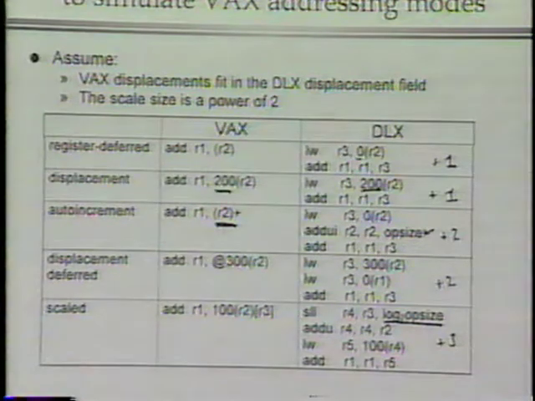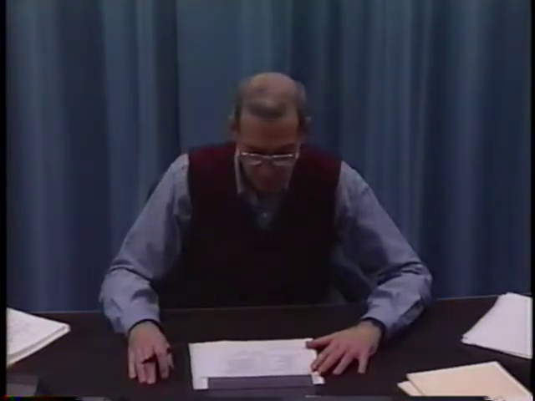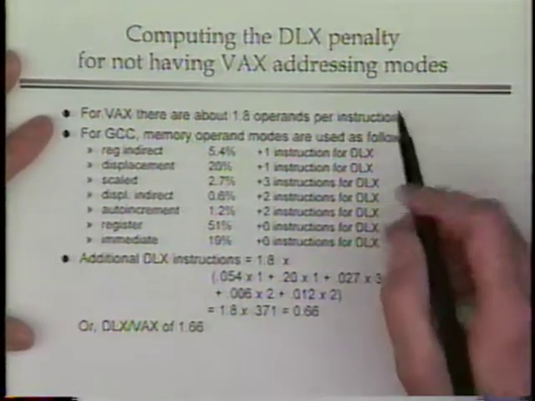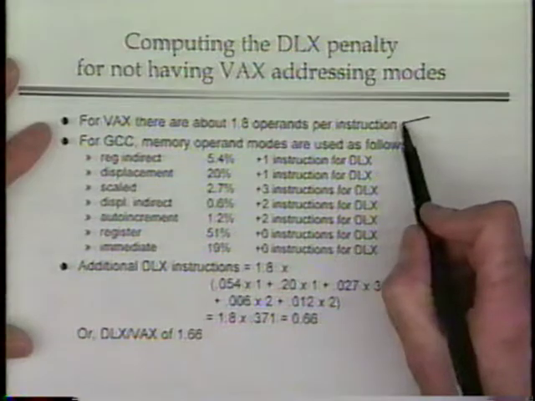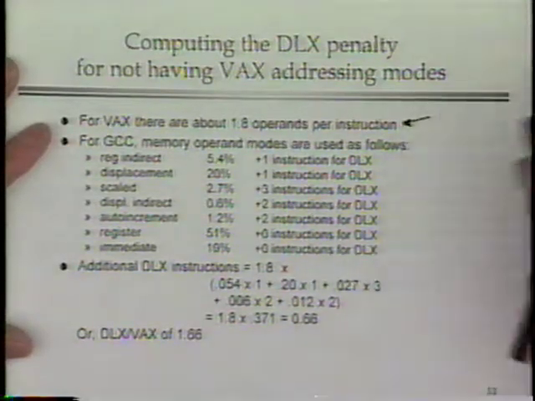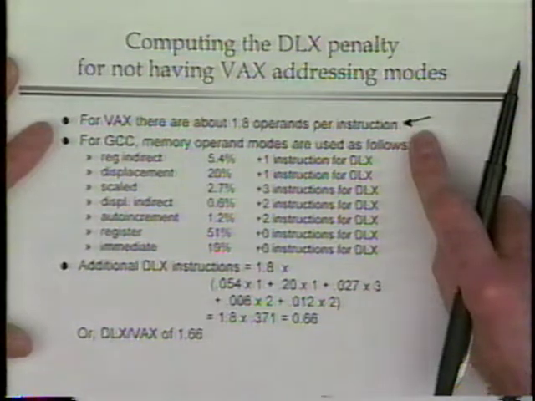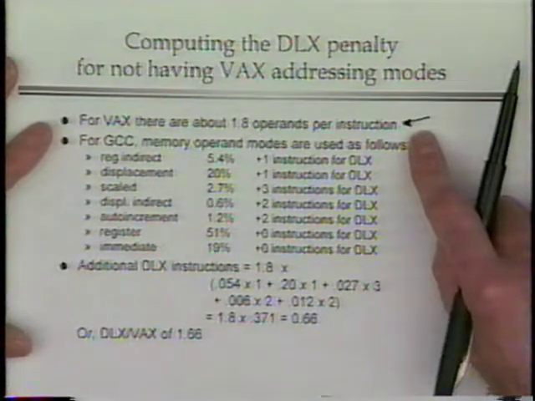So now that we know the penalty for each individual addressing mode, all we need to do is to combine that with the statistics we saw for how often each one is used, and we can estimate what the VAX advantage is, or the DLX penalty is, for its addressing scheme. The only other piece of information we need to know is how many operands there are per instruction, because that penalty will apply separately for each operand of each instruction.